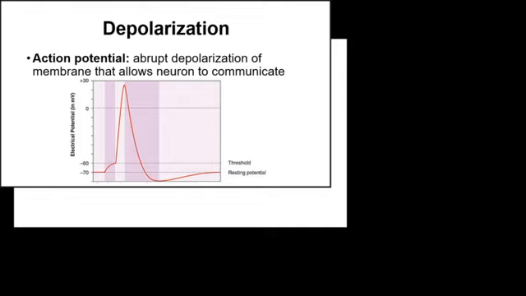And it leads to this depolarization where we go from being very, very negative to being, in some cases, quite positive. Again, these numbers will shift depending on which cell we're looking at, but typically in the range of positive 30 millivolts. So we see a swing of almost 100 millivolts from our resting potential to the peak of our action potential. And then everything will recoup on the other side and get us back into a resting potential.